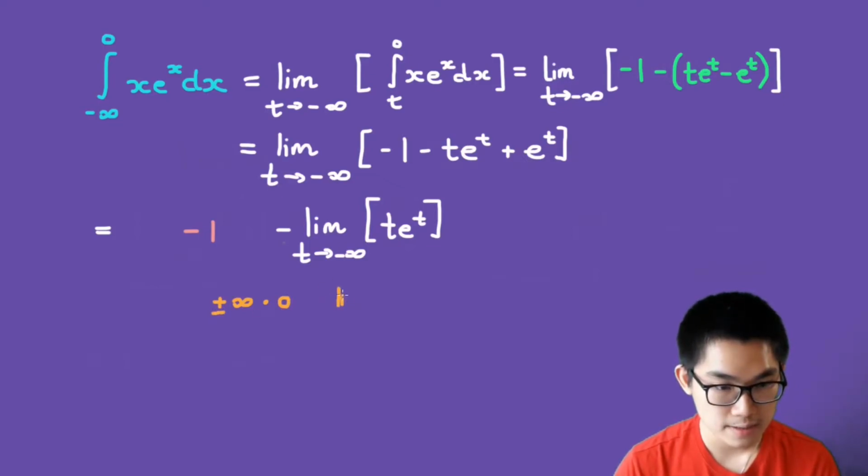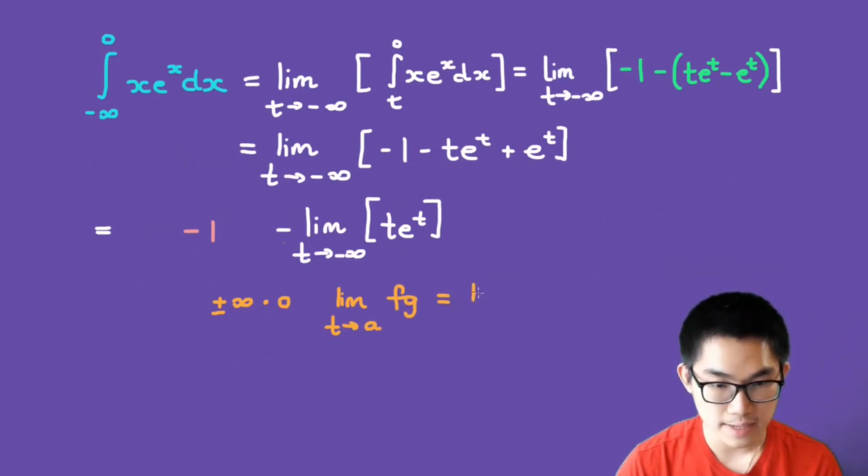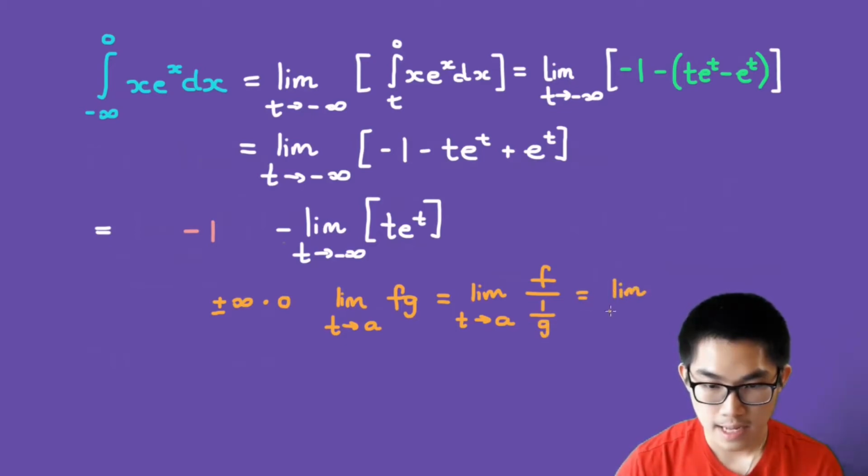Then the limit as t approaches any number of f times g can be rewritten as the limit as t approaches any value of f over 1 over g, or the limit as t approaches a of g over 1 over f.